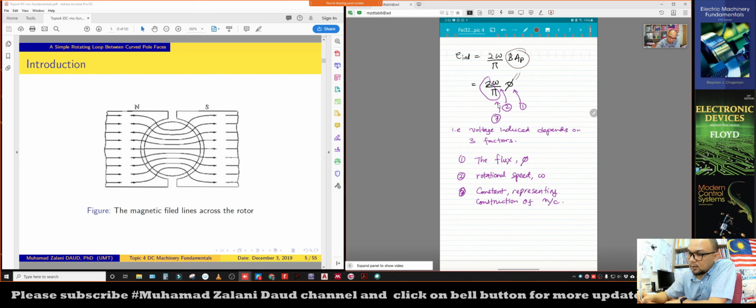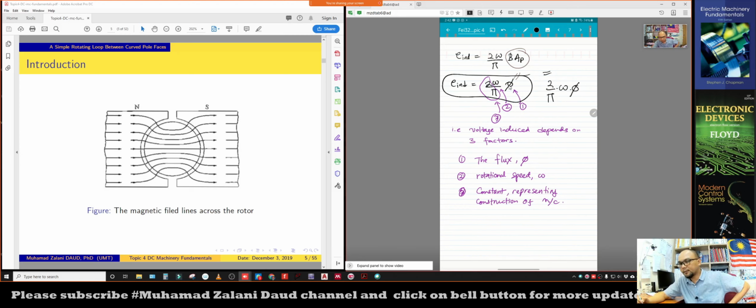Finally, we can observe that this induced voltage equation now becomes 2 over pi, omega, phi. This is the final equation considering the real DC machine.